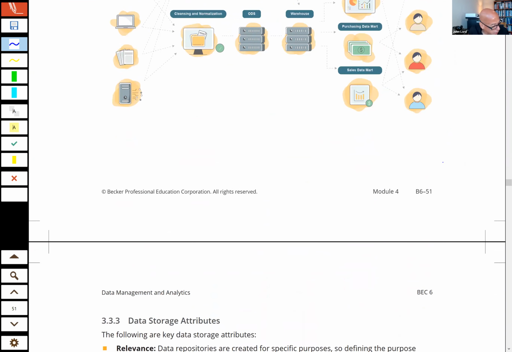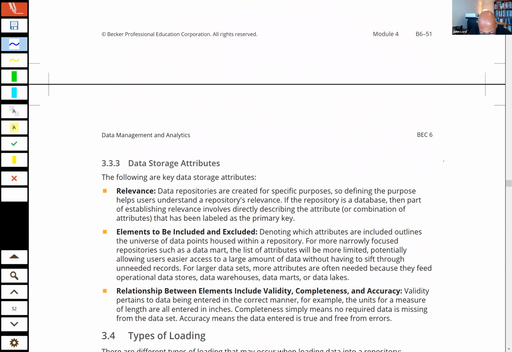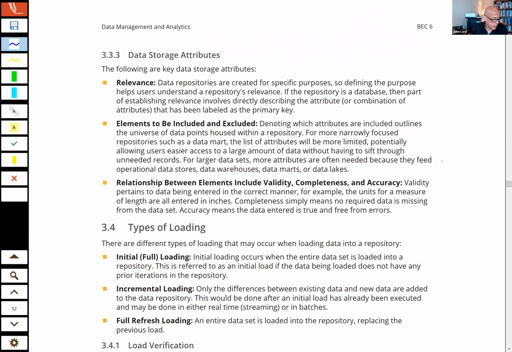Okay, all right, let's come over, guys. And as I told you, lots and lots and lots of definitions here. So let's keep going. The following are key data storage attributes. Okay, relevance. Does the data relate to whatever we're trying to answer? Elements to be included and excluded, and relationships between elements included, including validity, completeness, and accuracy.